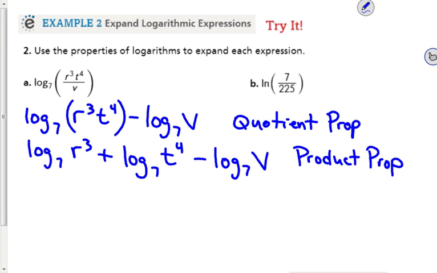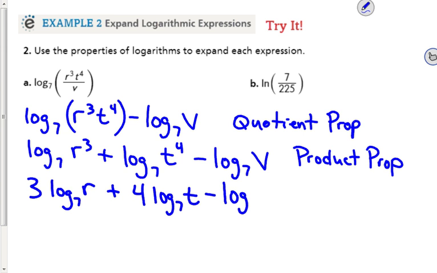Now the last thing is to take care of these exponents. Now the v has a 1, so we're not going to do anything with that one. The power property says that we can take those exponents and bring them down in front of the logarithm. So this would be 3 times the log base 7 of r plus 4 times the log base 7 of t minus the log base 7 of v.